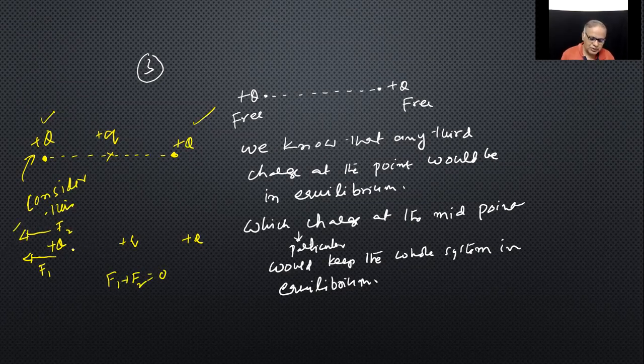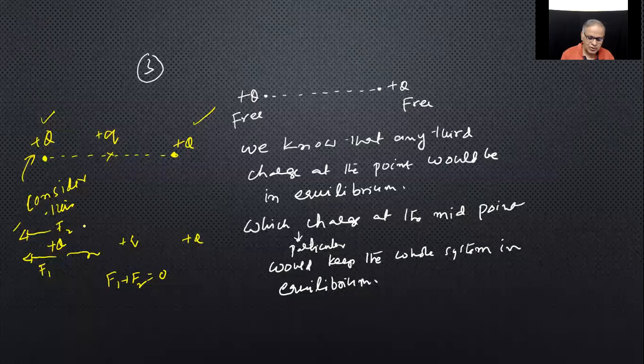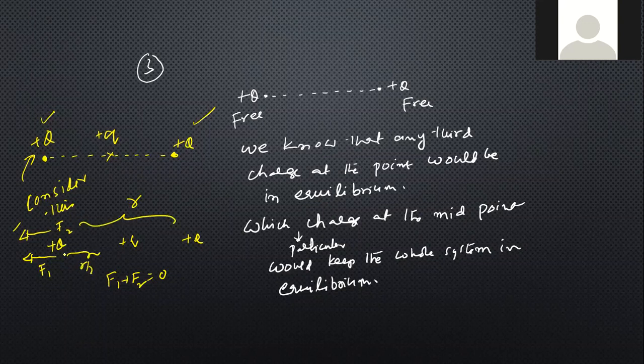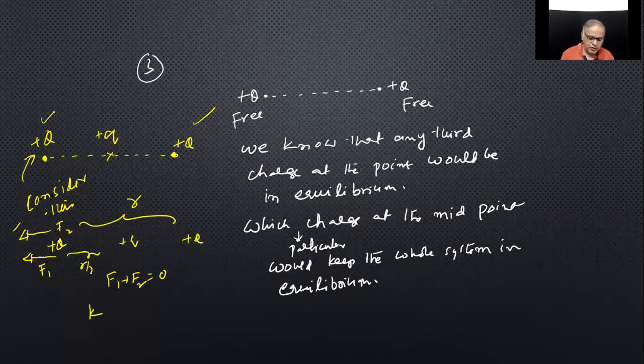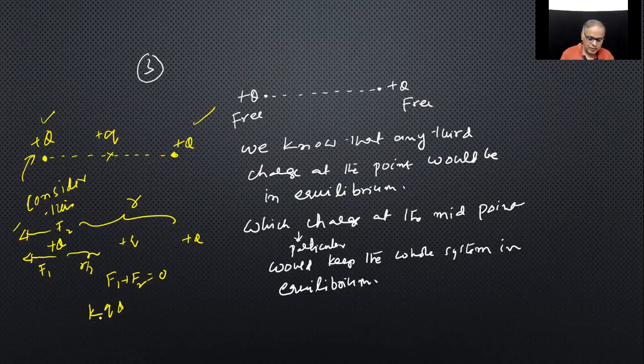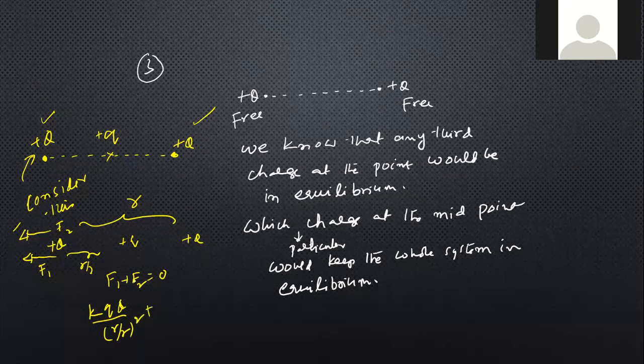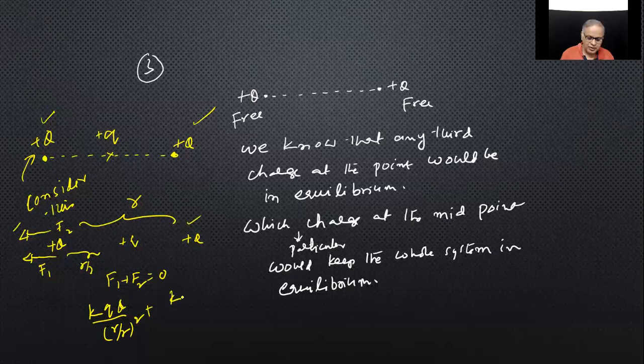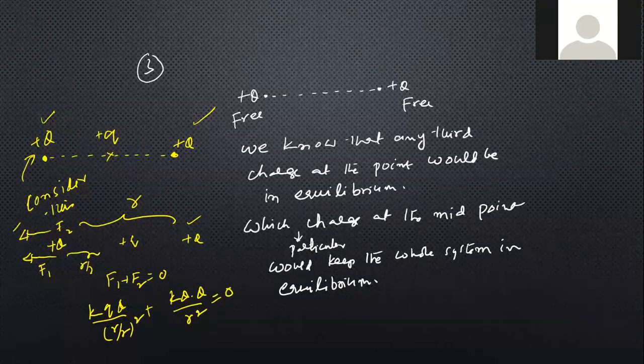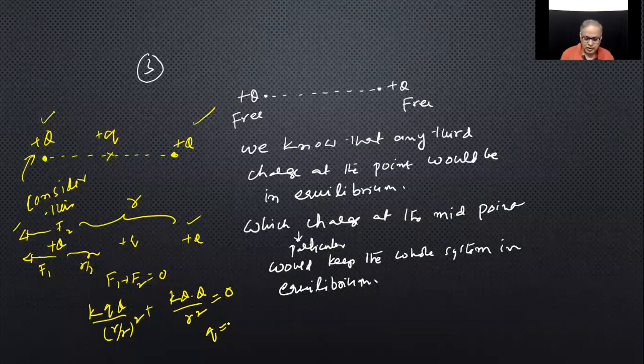For example, the total distance is R, so this distance will be R by 2. F1 will be kQq by (R by 2) whole square. Adding the force by this, kq squared by R square, equals 0. You'll find from here Q equals minus q by 4.